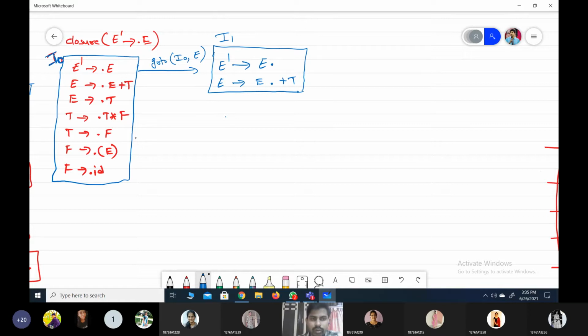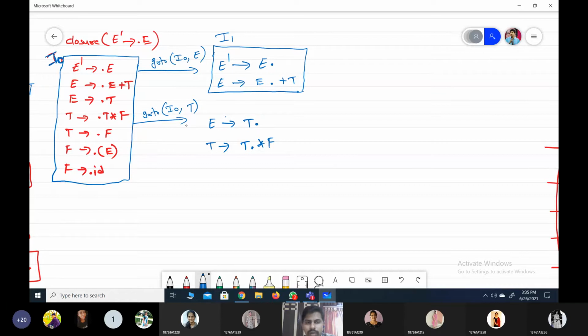So now what is the next possibility? Goto of I0 on which alphabet should I consider? T. If I consider T, then the productions are E tends to T dot and T tends to T dot star F. Is it okay? In the right hand side, T is available in two productions.